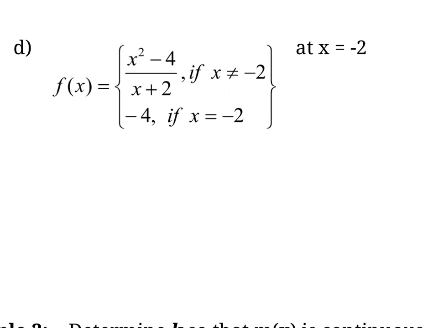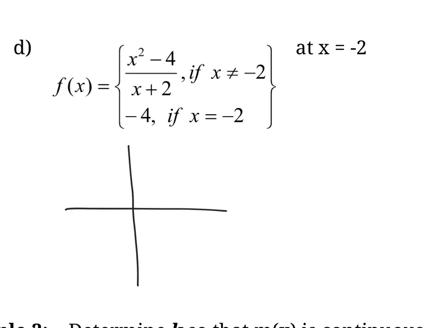Our next function is another piecewise function, and I'm always going to say sketch the piecewise function. So the top part of the piecewise function, x squared minus 4 over x plus 2, that's a little bit complicated to sketch, but what we can do is we can try to simplify that thing. So I'm just off to the side here. If I look at what's in the numerator up here, I can see that that top thing can be factored.